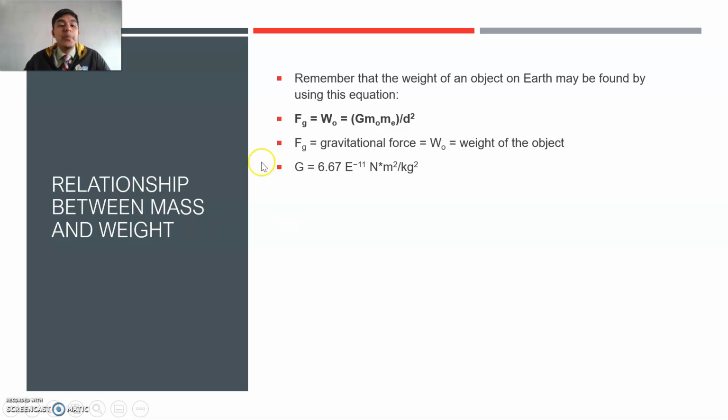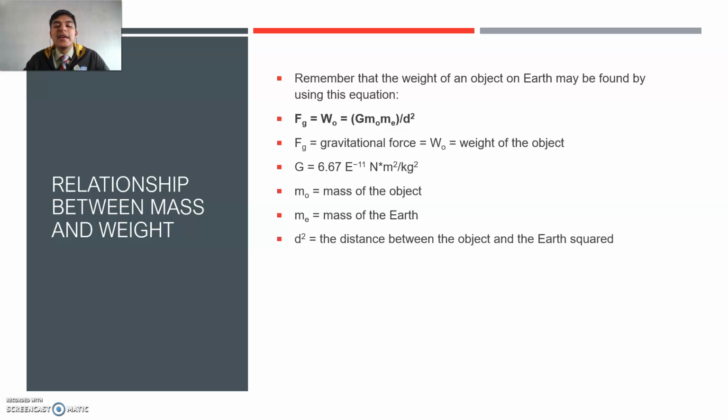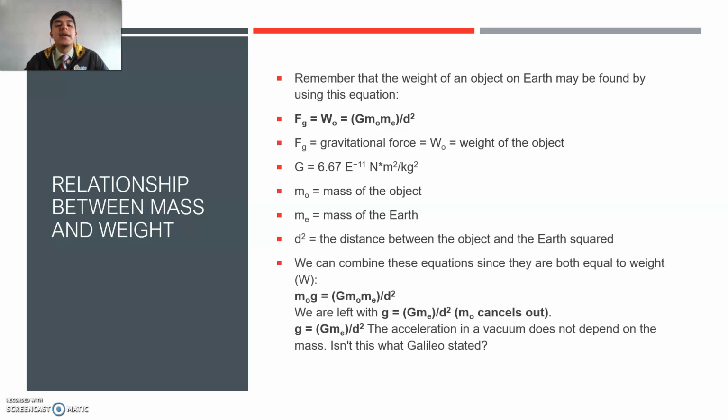So when you operate it in your calculator, it will have to be 6.67 times 10 elevated to the minus 11th power. Then Mo is going to be the mass of the object, Me is going to be the mass of Earth, and d squared is going to be the distance between the object and the Earth squared.